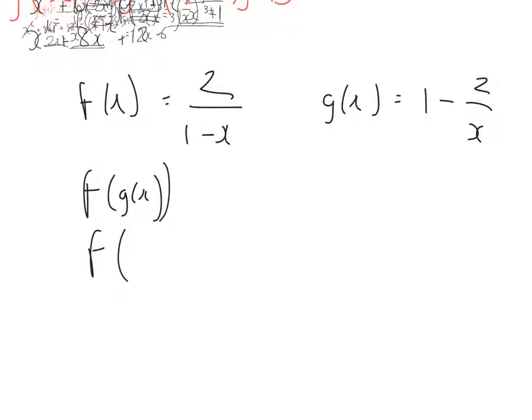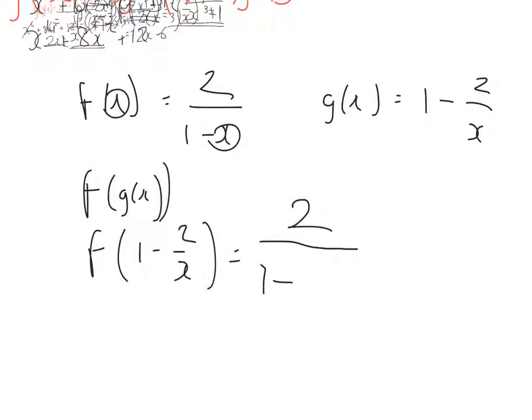Well, f of g of x is f of 1 minus 2 over x. So the f function is whatever's in the bracket is on the denominator with a 1 minus next to it and a 2 up top. So that's 2 over 1 minus whatever's in the bracket, which is 1 minus 2 over x.